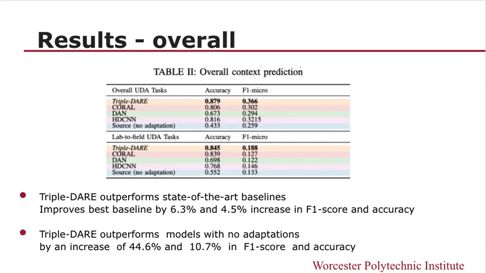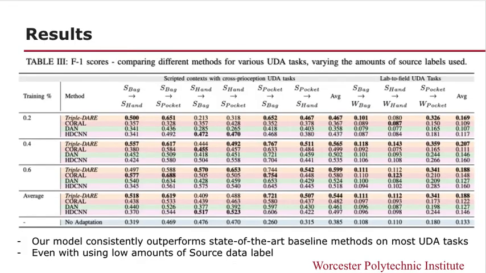So for the results, overall, TripleDARE outperforms state-of-the-art baselines, improving on the best baseline by 6% and 4% in F1 score and accuracy. It also outperforms models with no adaptation by an increase of 44% and 10% in F1 score and accuracy. So our model consistently outperforms state-of-the-art baseline methods on most of the UDA tasks, even when using fewer annotated samples.